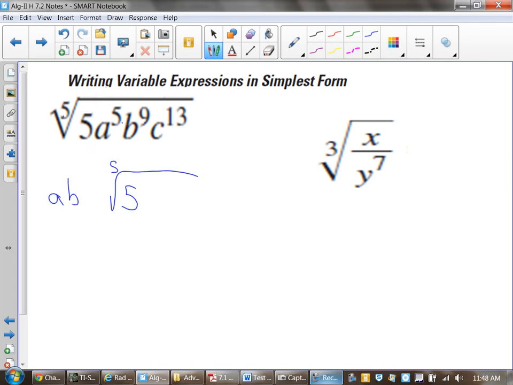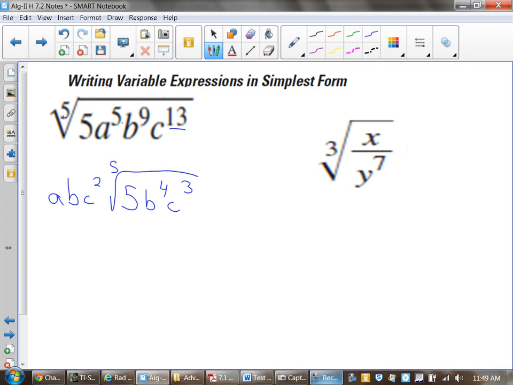How many left over? 5 goes into 13 how many times? How many left over? Nth root simplification, you should hopefully do very well at. It's pretty straightforward.